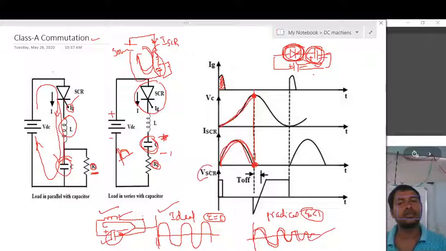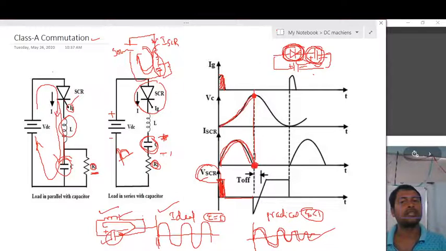Now if you draw the voltage waveform across the SCR, look at this one, this is the gate pulse. Before the gate pulse is given, voltage exists across the SCR, that is DC, this much voltage exists, and when the SCR is turned on, the voltage will be zero. At the natural zero point, the current through the SCR is zero.